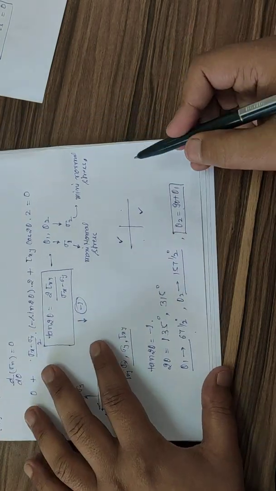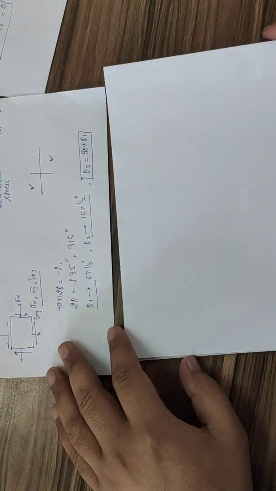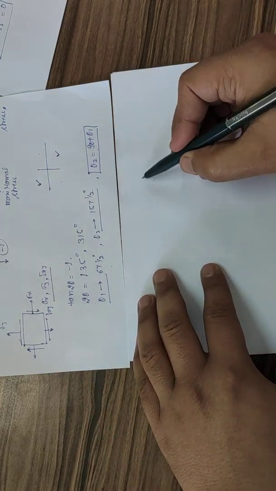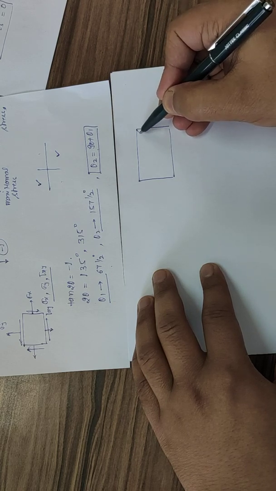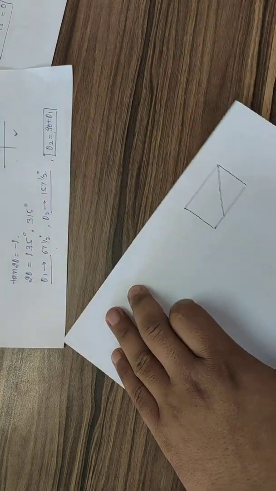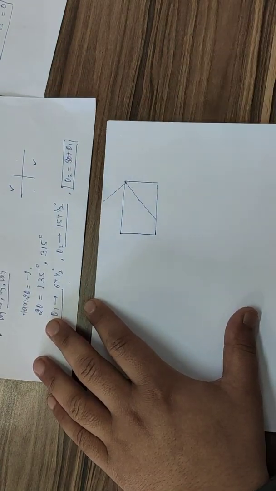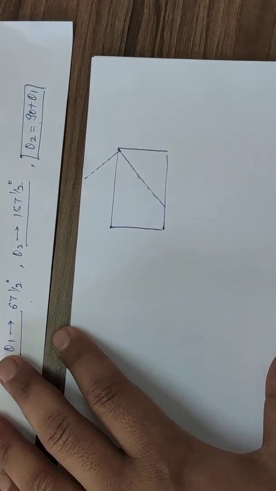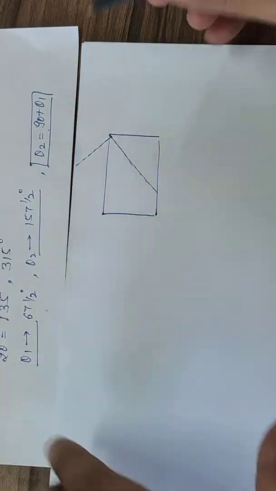So if one principal plane is located in a general way, with all the stresses acting, and this is the principal plane theta 1, then the second principal plane will be perpendicular to it.